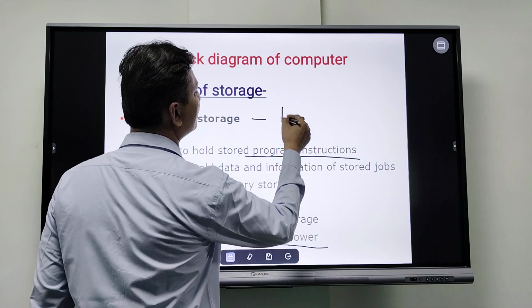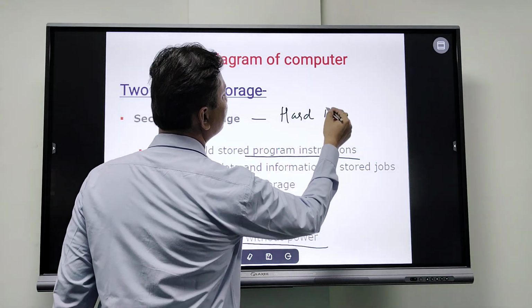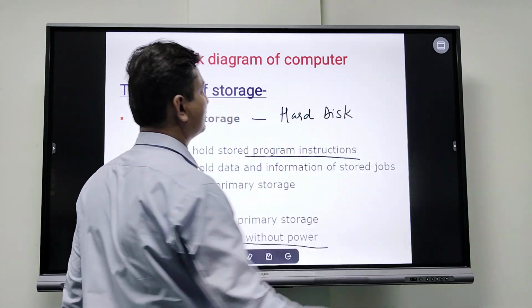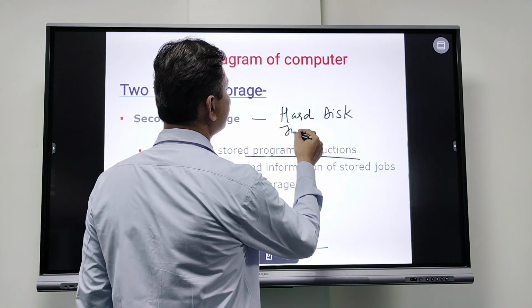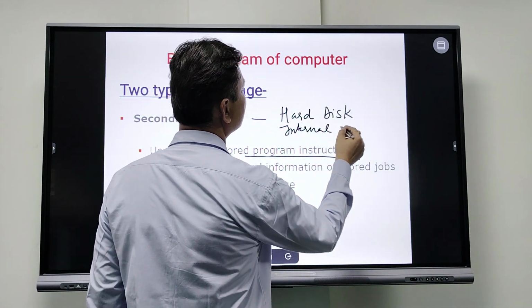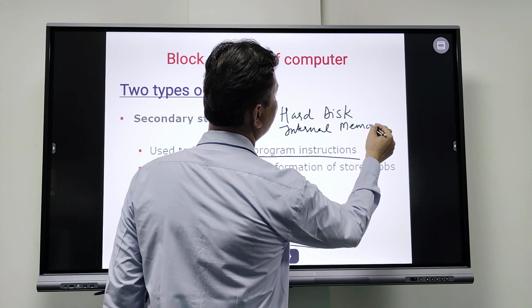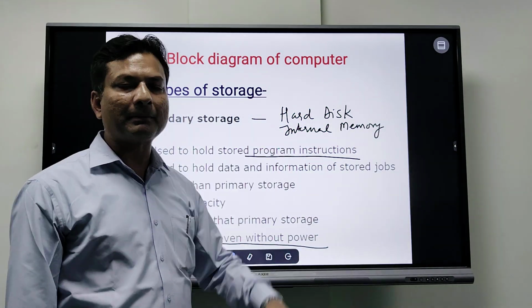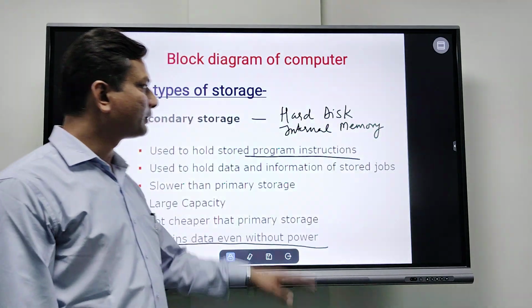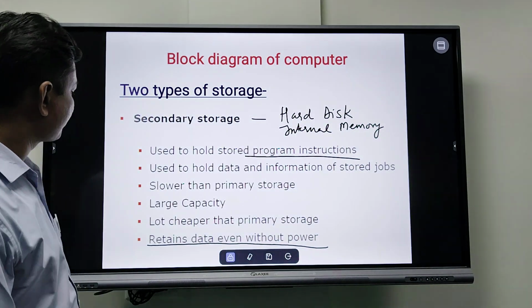And I have already told that example of secondary storage: it is the hard disk in the case of a computer, or we can say internal memory in the case of a mobile device. We usually use the word memory, device memory, in the case of mobile devices.